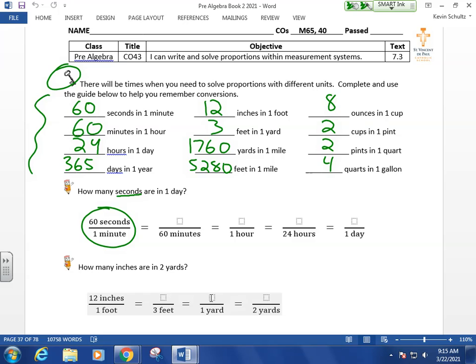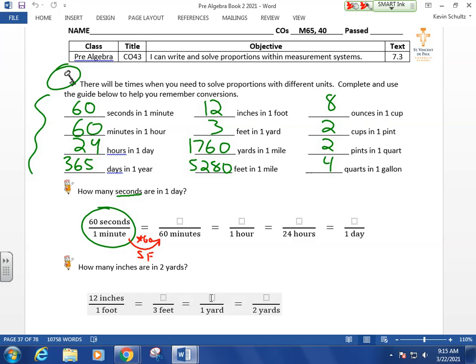Okay, and here's the pattern. Your first step with these is going to be a scale factor. SF stands for scale factor. What did we do to 1 minute to get up to 60? What's our scale factor from 1 to 60? Aiden. Times 60. Multiply by 60.